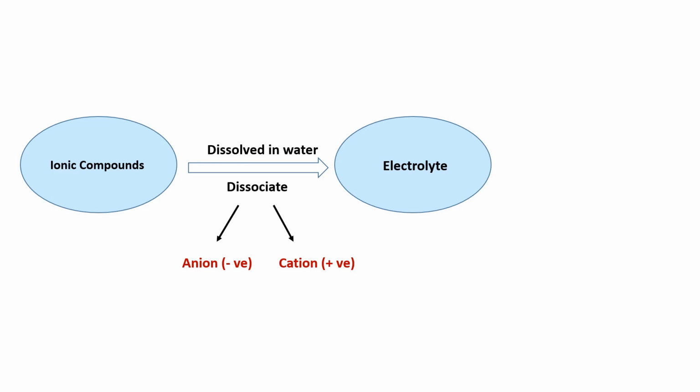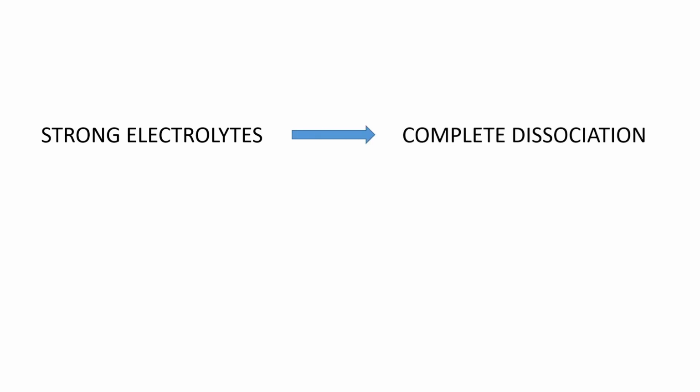Now, electrolytes are of two types: strong electrolytes and weak electrolytes. Let's understand what strong electrolytes are. The ionic compounds which get completely dissociated are known as strong electrolytes.